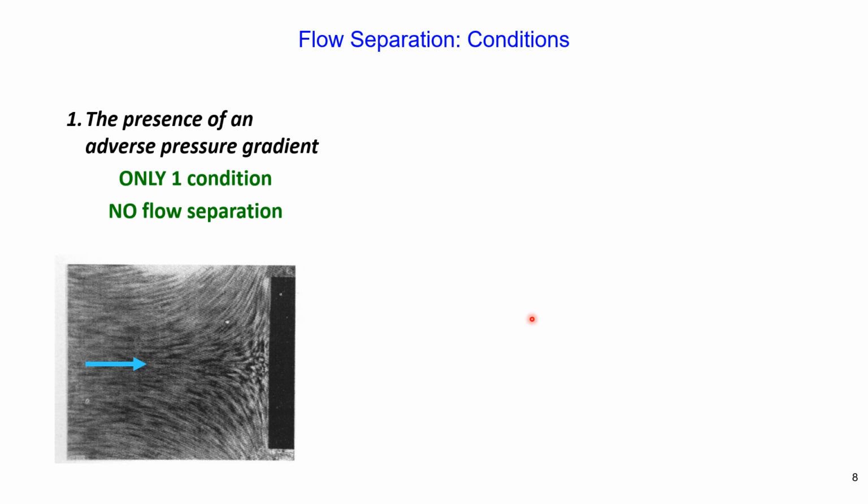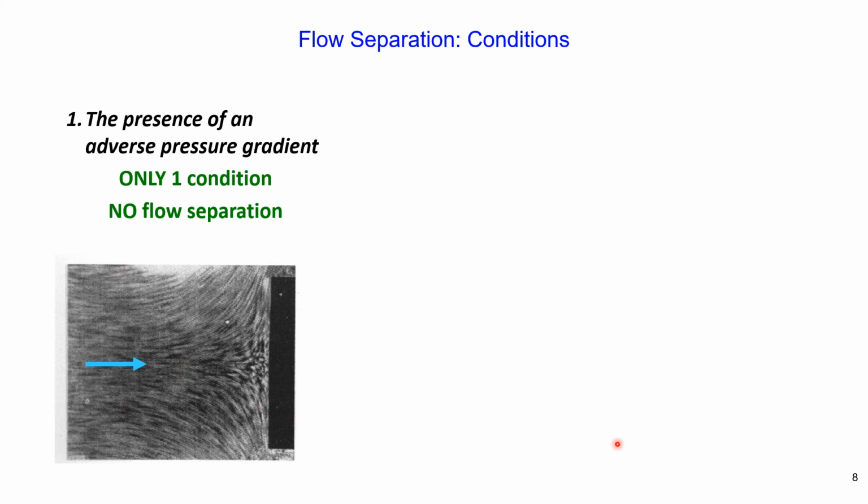Therefore, we can ask ourselves, will we have flow separation? The answer would be no, because although we have the presence of the adverse pressure gradient, because the pressure is increasing along the flow, therefore the pressure gradient will be positive, we will not have flow separation, because it's only one condition that is in this example.